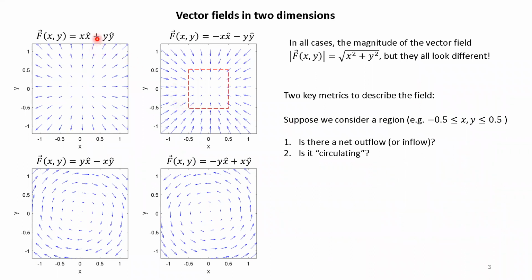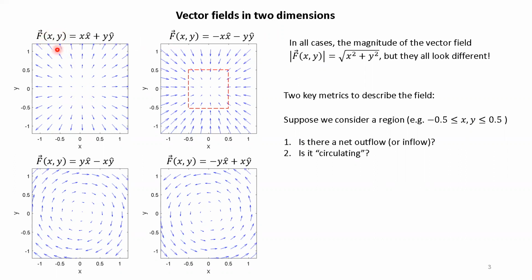So here I give you some simple vector valued functions, or vector fields, in 2 dimensions. We'll be considering 3 dimensions later. But let's say I consider the XY plane, and here I have 4 different vector fields. If you give me the x coordinate and then the y coordinate, then this vector function f will give you a vector at that point.